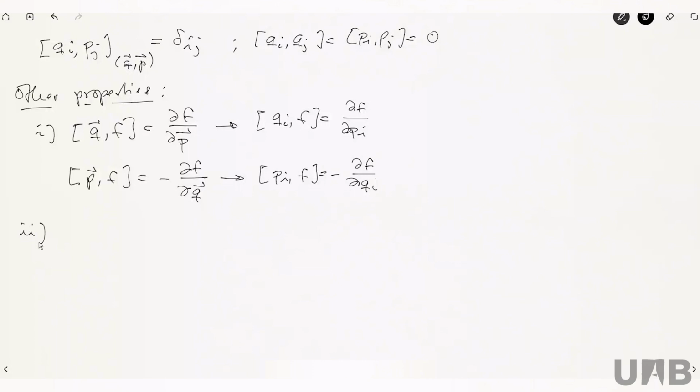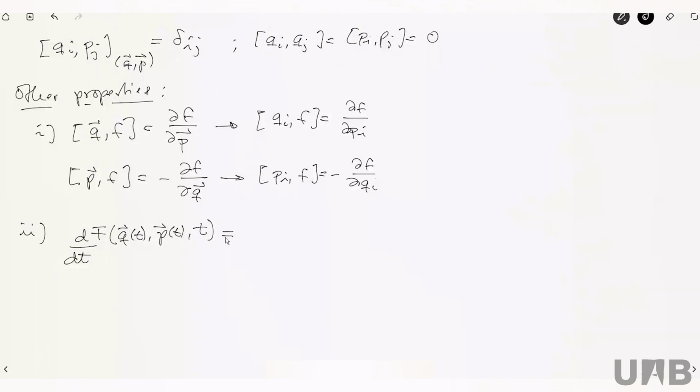Second property, which is a consequence of this, says that imagine that I want to take the total derivative of a function with respect to time, a function which is going to depend on q, p, and maybe also explicitly on time.